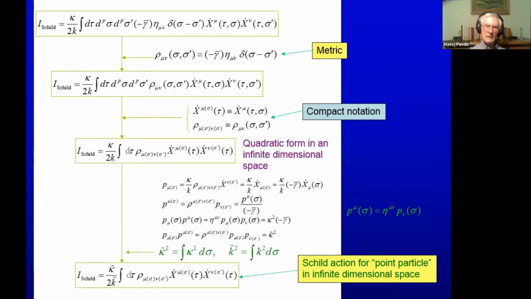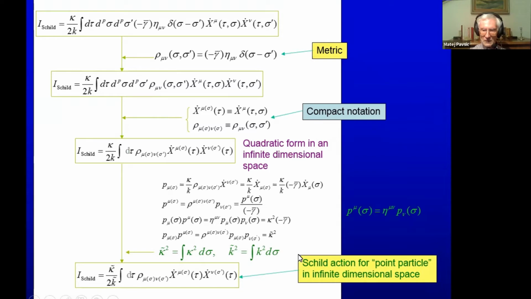So we can rewrite this action. By doing some manipulations which are not so essential for the moment, you can look at the papers, so that instead of this kappa and k, we have kappa tilde and k tilde, where kappa tilde is the integral of this kappa, and k is also an integral.